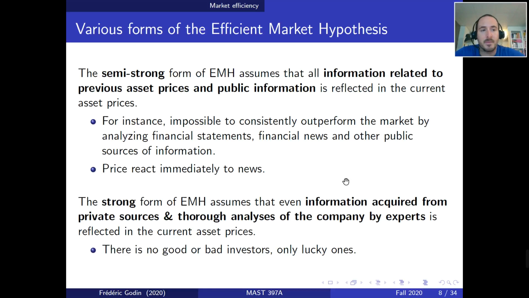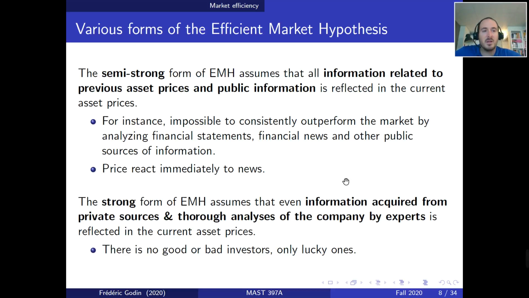So, for example, if somebody believes in the semi-strong form, then it would be impossible for an investor to simply look at financial statements or public financial news or other public sources of information to beat the market. All this information is already heavily scrutinized by analysts who trade the various stocks, so the stock prices should already reflect such information.